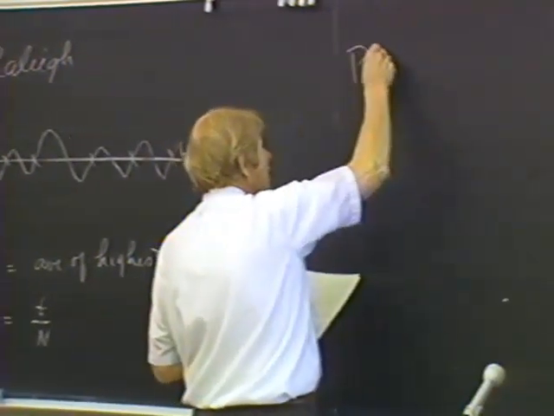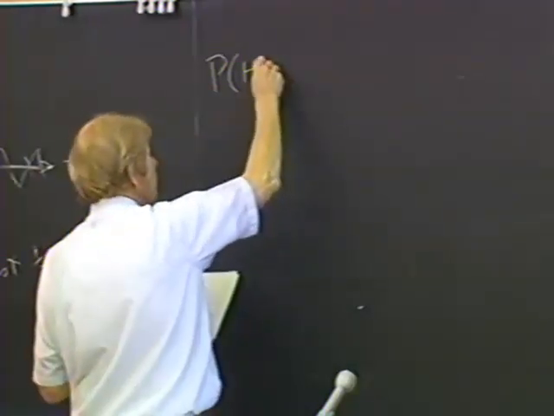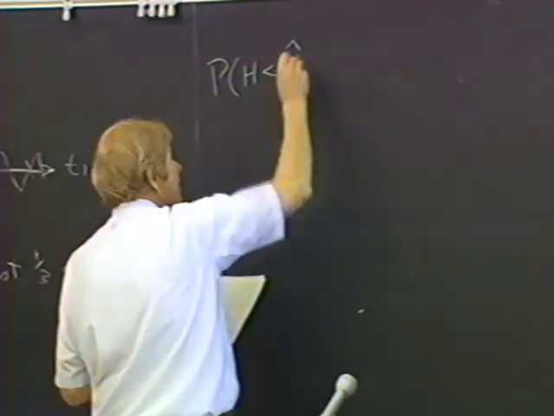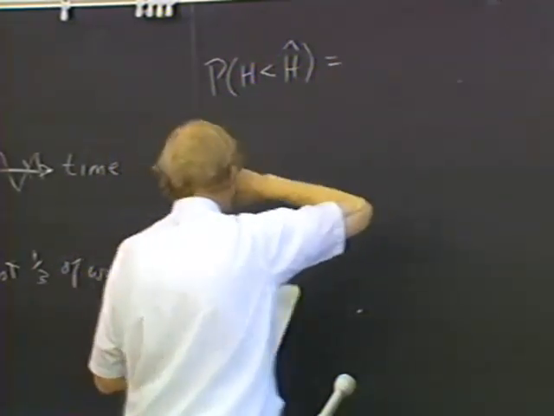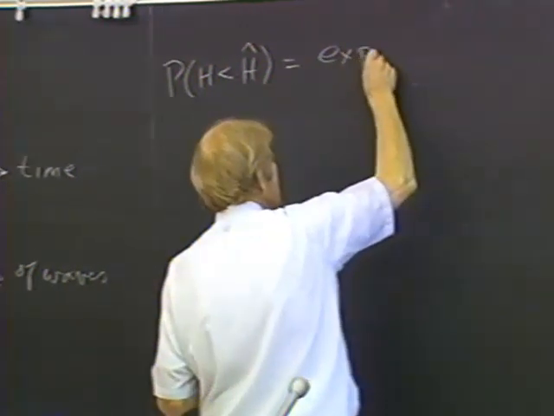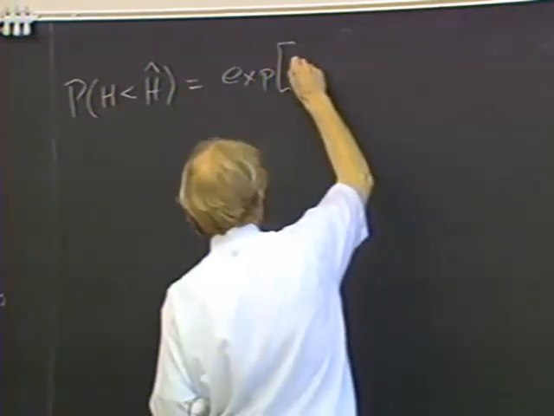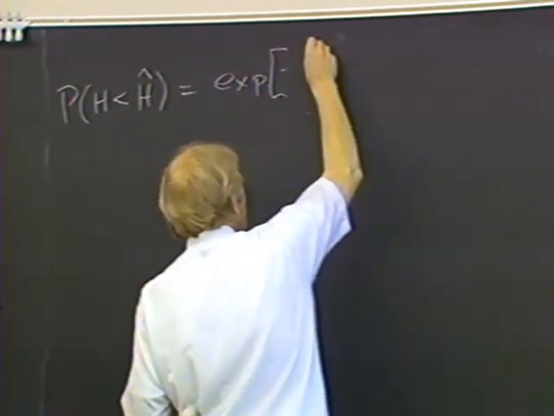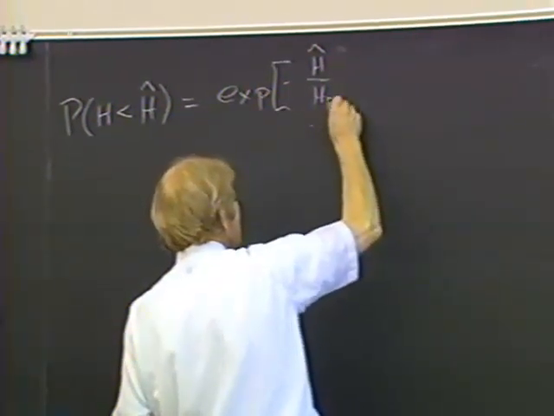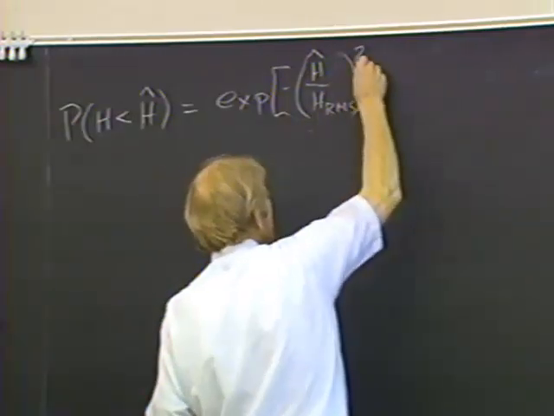The probability that the height of the wave is greater than some selected height, I'll call it H hat, is equal to exponent minus H hat over H RMS, squared.